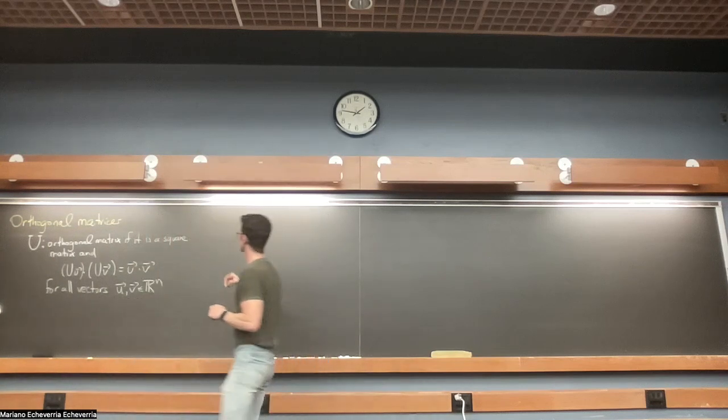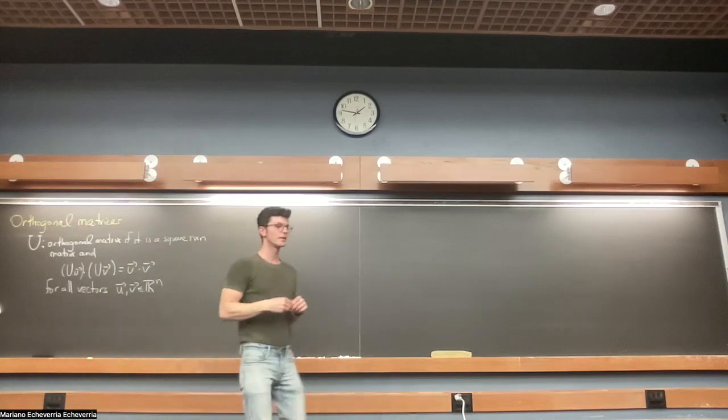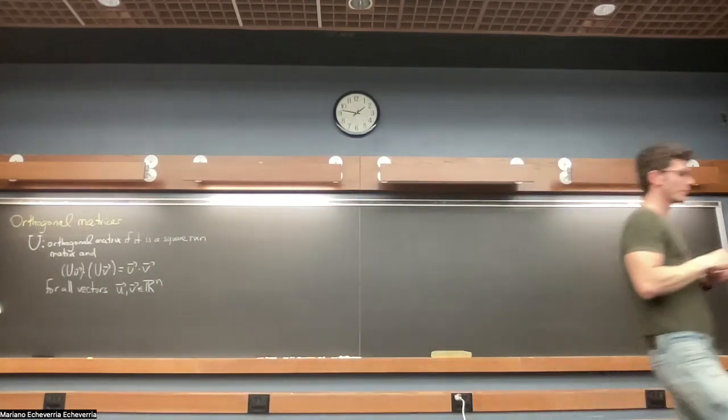So here I have a matrix of size n by n, and that makes it square.